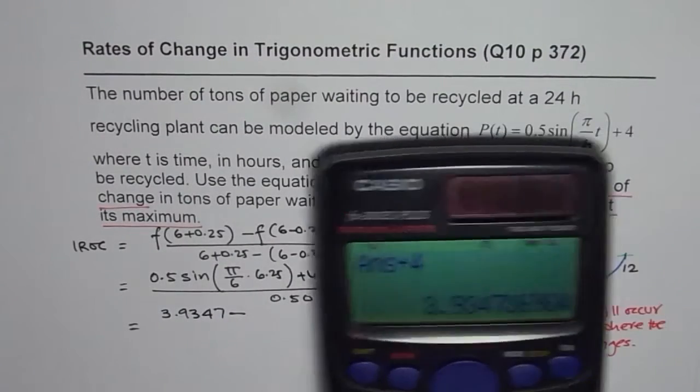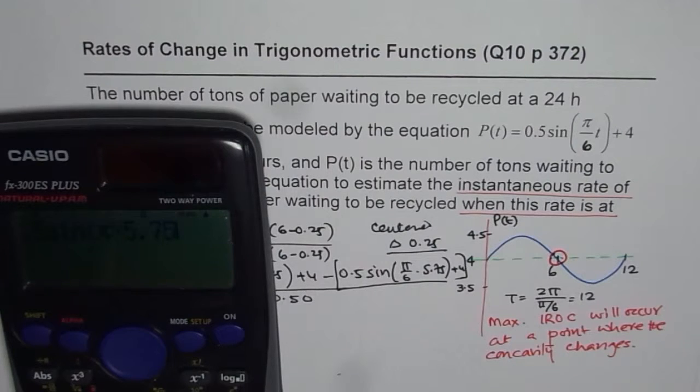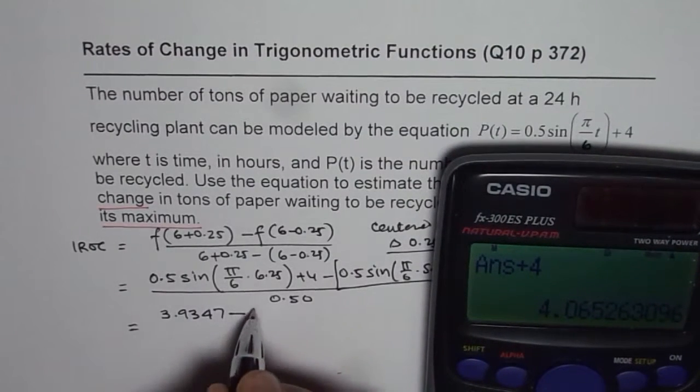The other value is 0.5 sin of π times 5.75 divided by 6, plus 4, equals 4.0652.